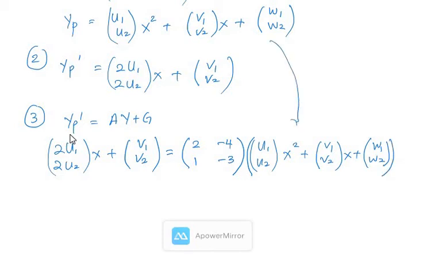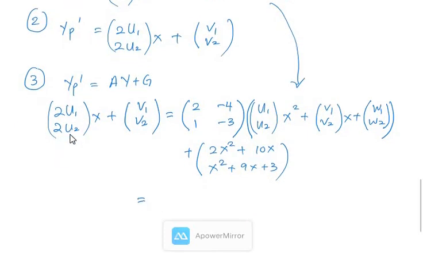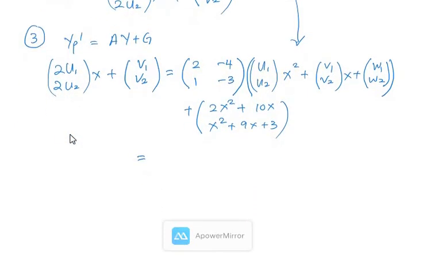So this is from here. And then plus the g, which is 2x squared plus 10x, x squared plus 9x plus 3. Okay, so you can simplify. You multiply in, so you solve this one, multiply with all this.